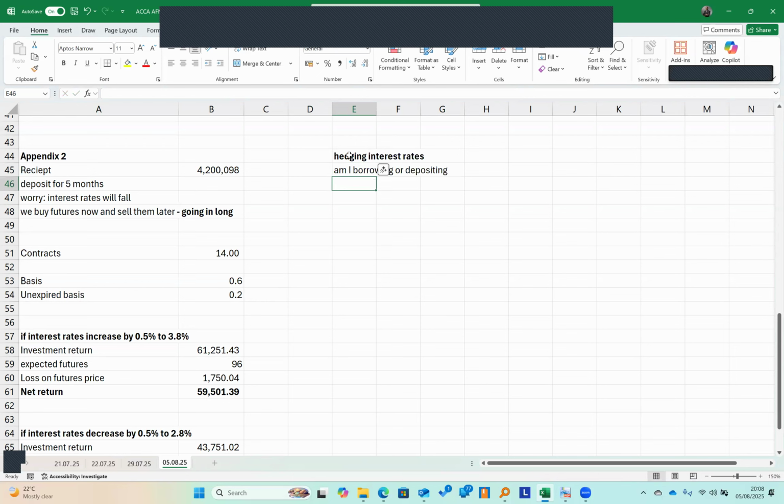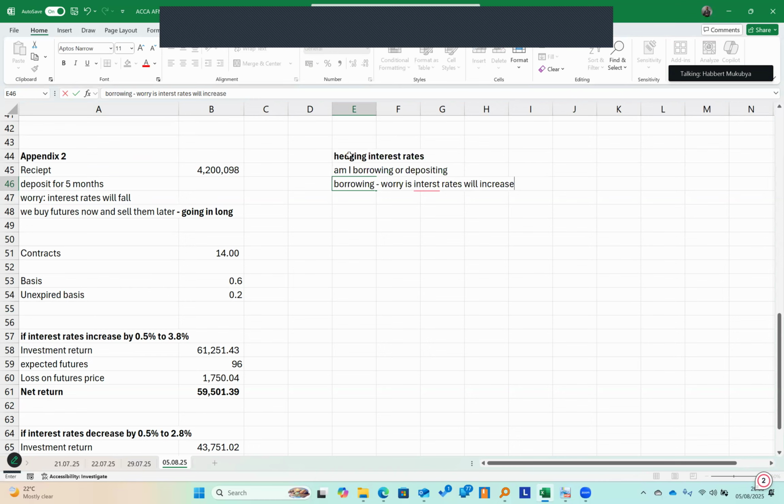Because remember, when you are borrowing, your worry is interest rates would actually increase. Okay? Because remember, when you're borrowing, you are paying interest. So if interest rate increases, you are actually having problems.